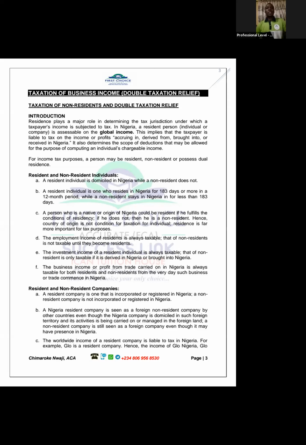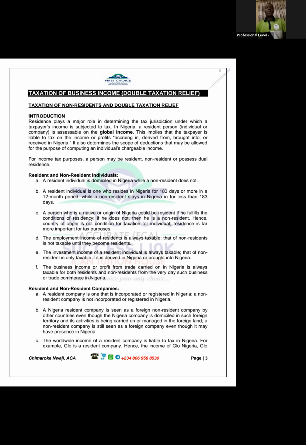The reason why we are doing it is that once a company is incorporated, the land where it is incorporated, that is where it is paying or channeling or repatriating its tax to.